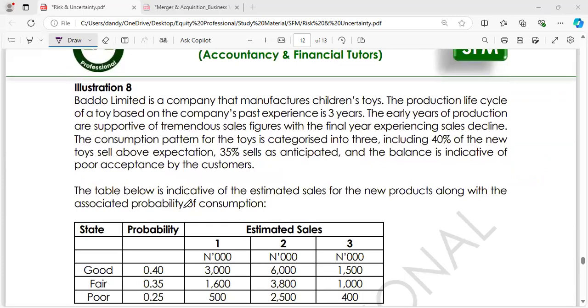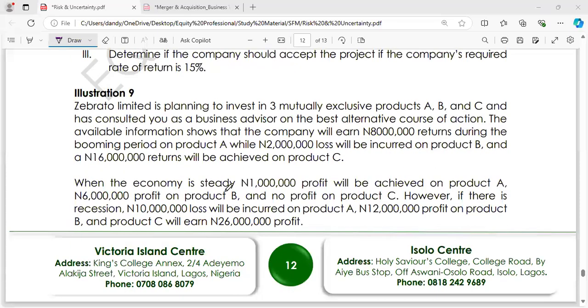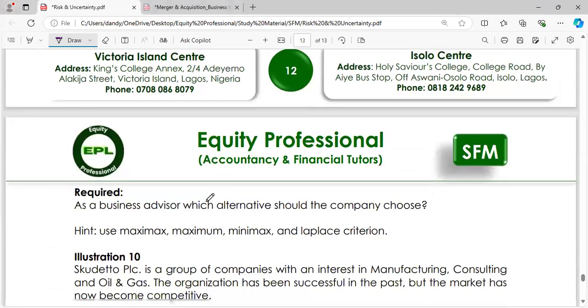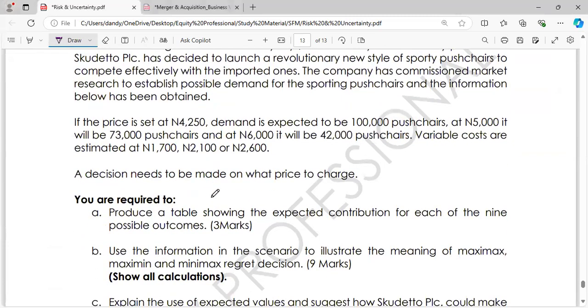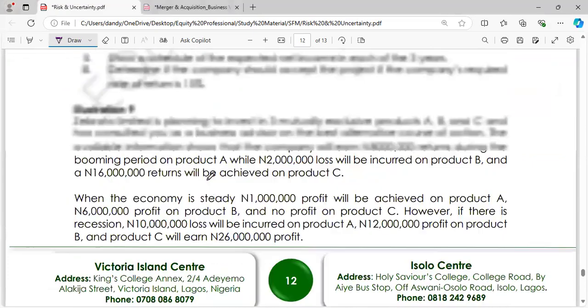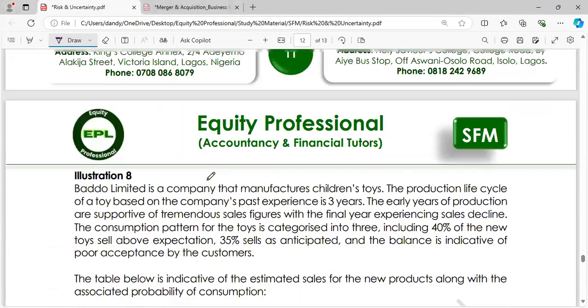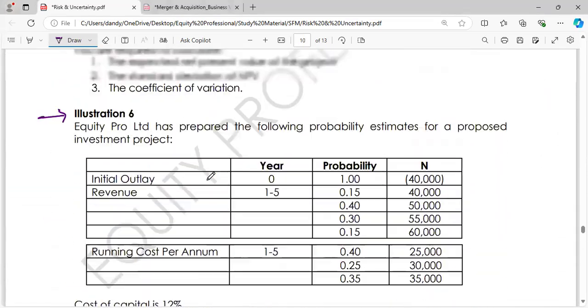The scenario will be painted in the form of a statement, so you are the one that will now convert it. Like if you look at illustration number 9, it can come out like that. Again, there is a particular question where you're supposed to use decision tree as well.